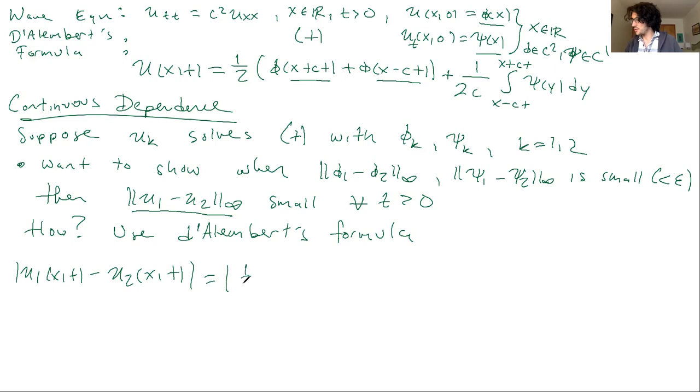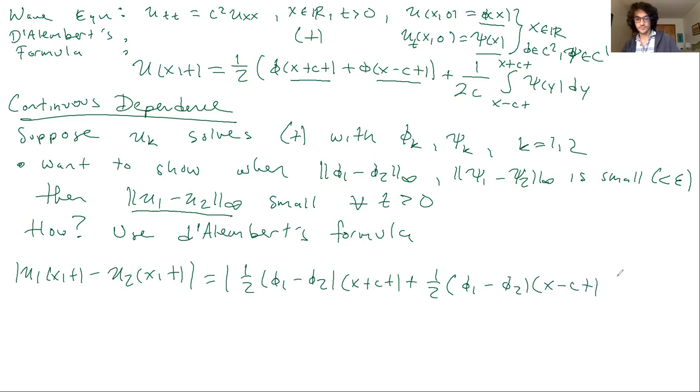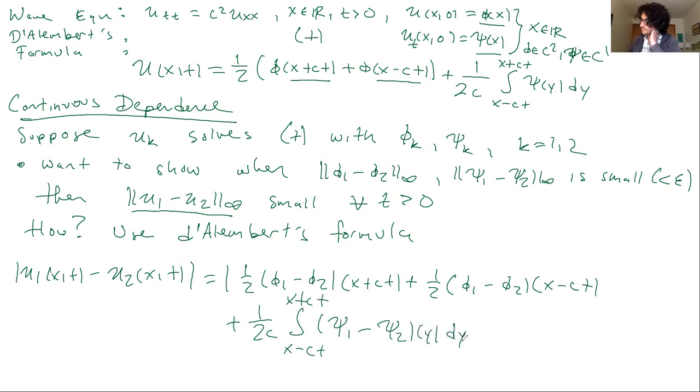This is equal to a half of (phi1 minus phi2) of x plus ct, plus a half of (phi1 minus phi2) evaluated at x minus ct, plus 1 over 2c times the integral from x minus ct up to x plus ct of (psi1 minus psi2) evaluated at y dy. Okay.